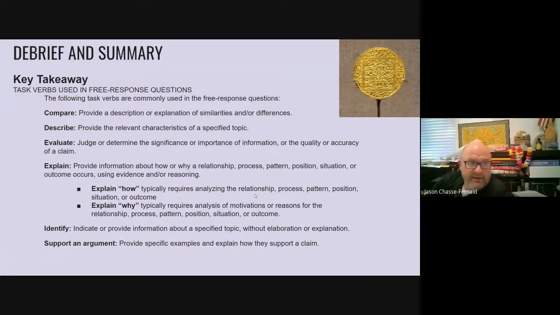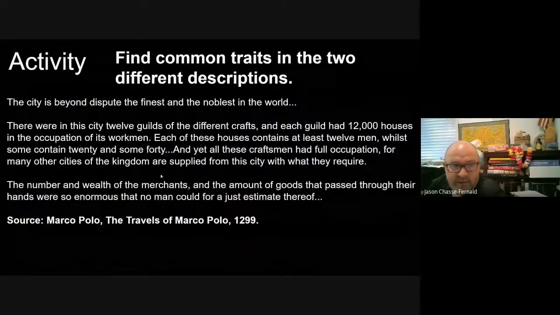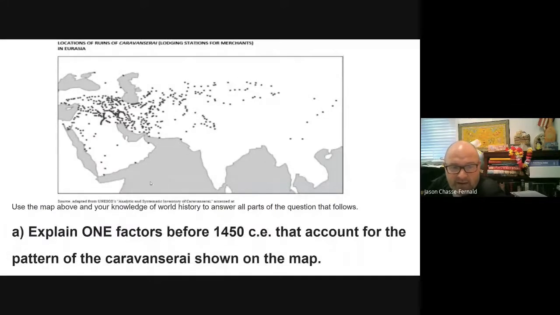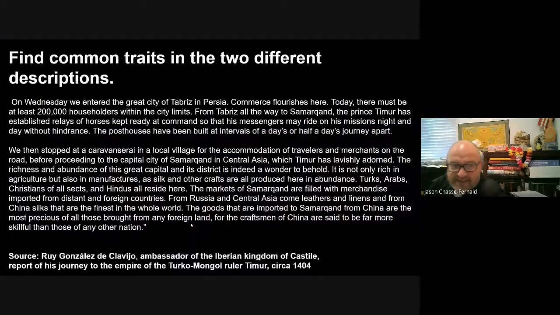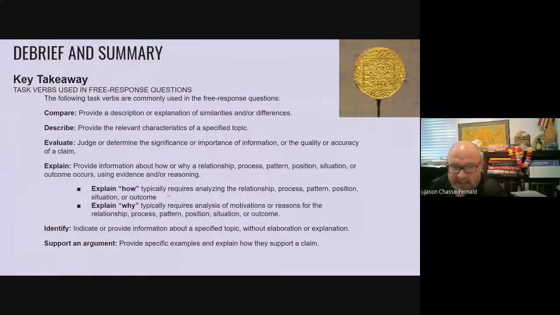All right, so key takeaways: task verbs and free response questions. When you're asked to explain something, like that SAQ, explain why, explain how. That's not really what we are seeing here, but I think this is kind of an explain why. You're being asked to analyze the relationship, process, pattern, position, situation, or outcome. That's the explain how.